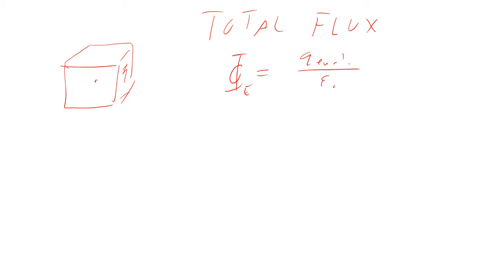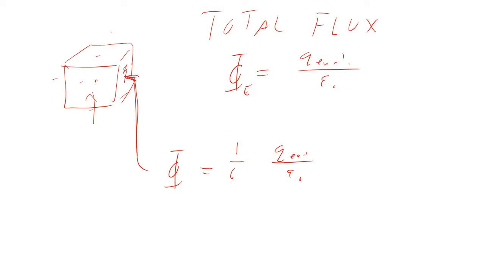Well, it's a cube. It's symmetric. The charge is in the center, so that means the flux on each side is identical. So the flux on just this one side, that flux is going to be 1/6 Q enclosed over epsilon naught.